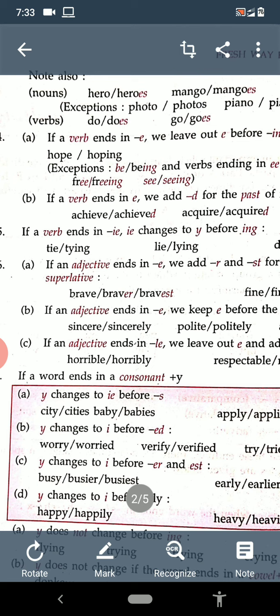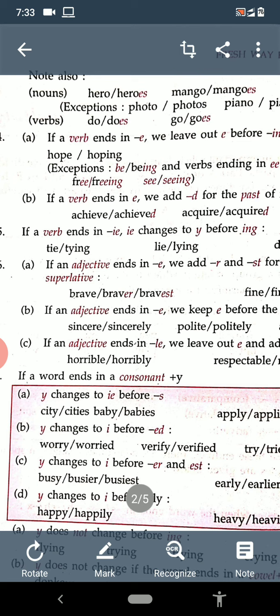If the verb ends in IE, then we change IE into Y before ing: tie, tying, lie, lying, die, dying.